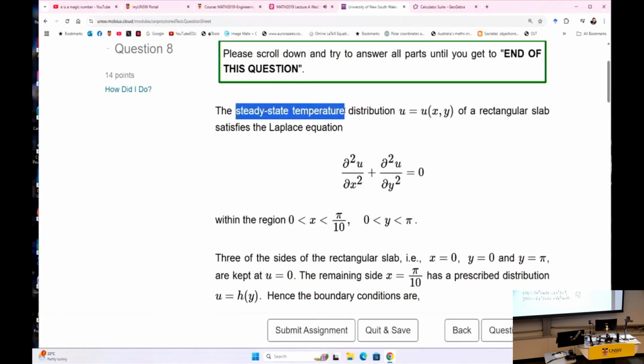One way to think about this in this context, and you're right, is that it doesn't depend on time. So x and y are spatial variables in a two-dimensional rectangle, and the temperature is independent of time. You've got some boundary conditions on the edges of the rectangle, and you're told that the temperature along those edges is 0. But inside the rectangle, the PDE is taking over and stuff is happening.